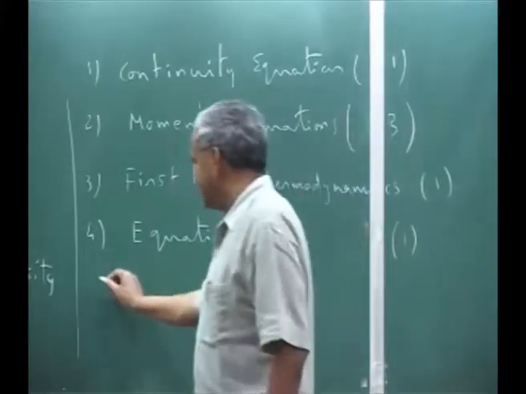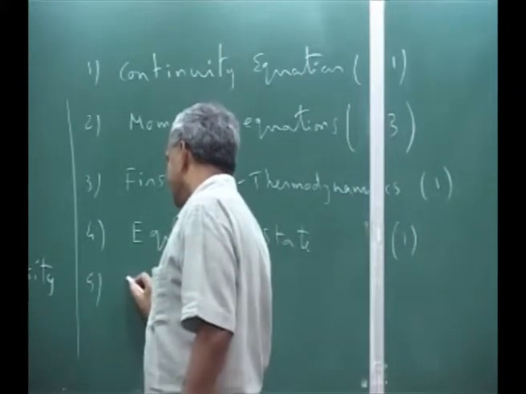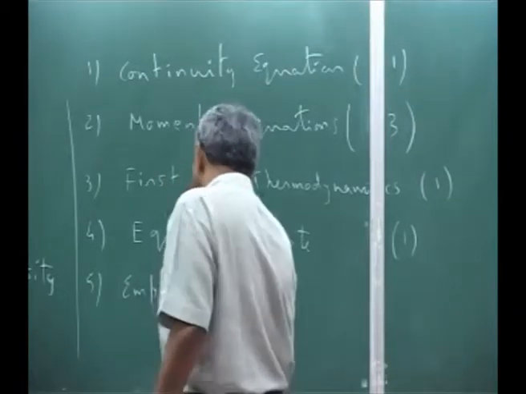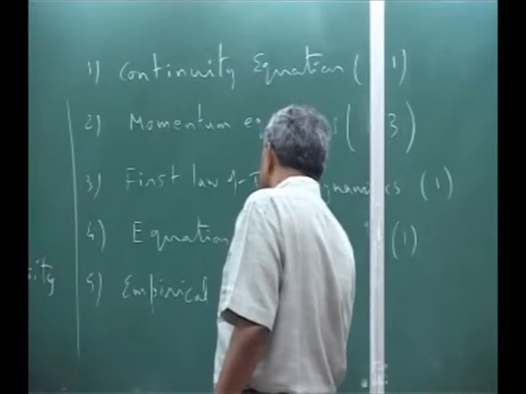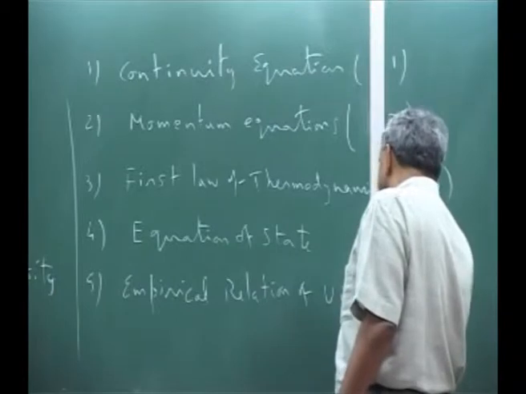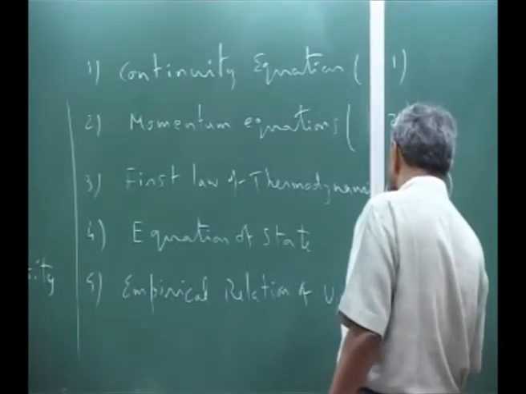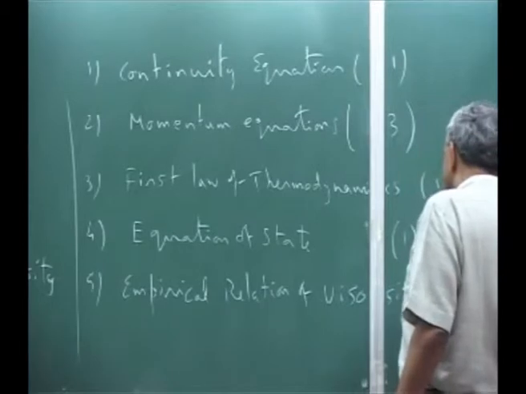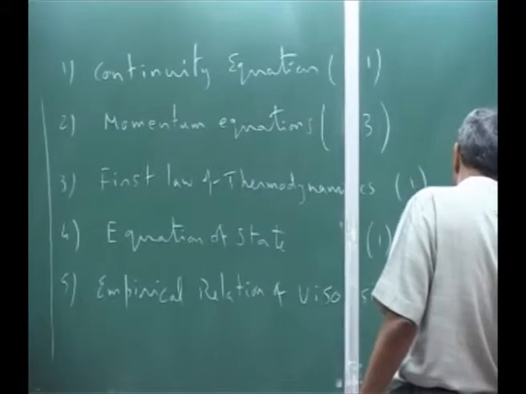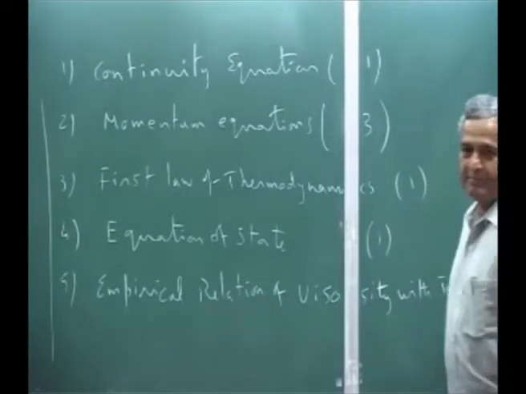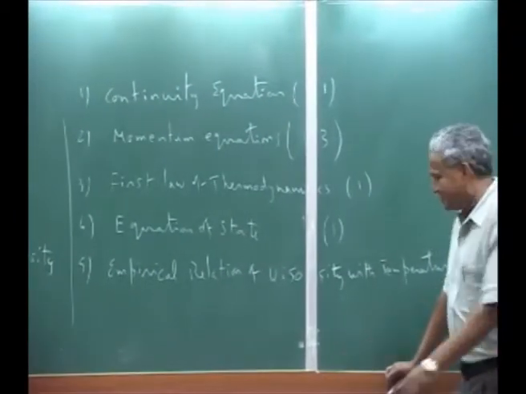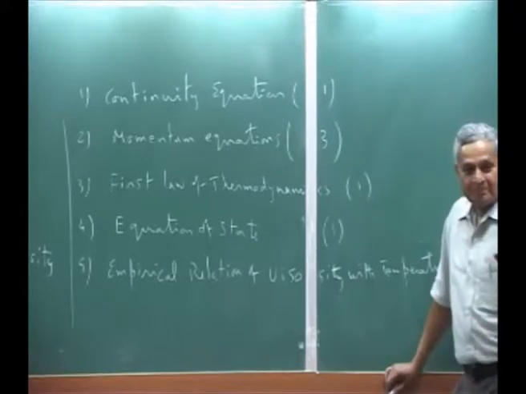And the 7th equation is the empirical relation of viscosity with temperature. Forget about viscosity as a function of pressure, you neglect it. It's only viscosity as a function of temperature you take.